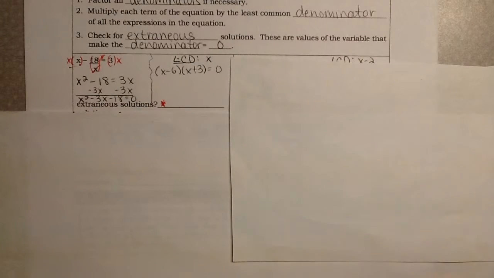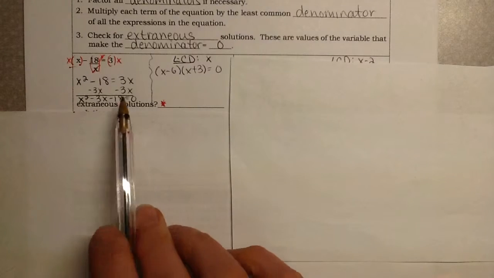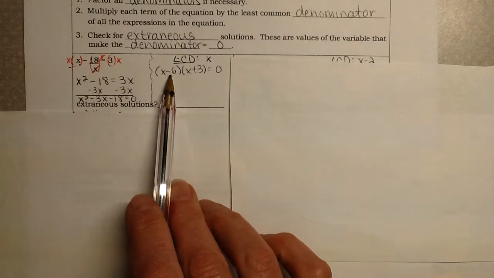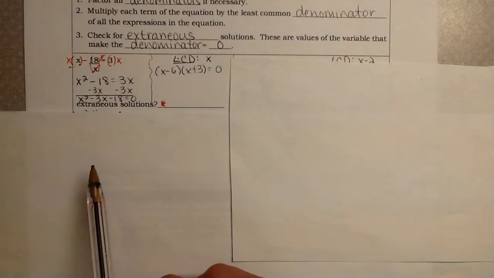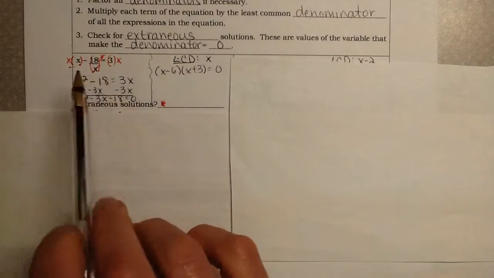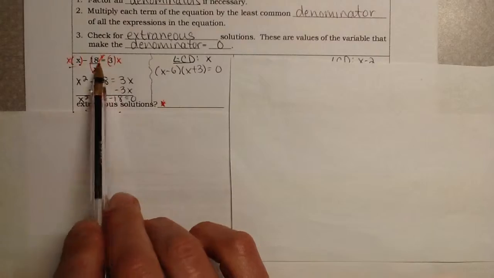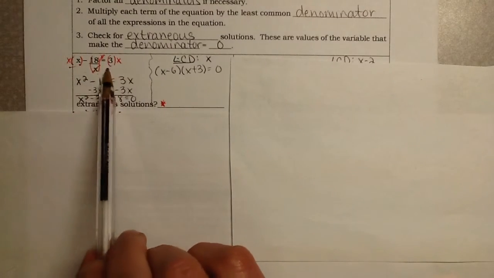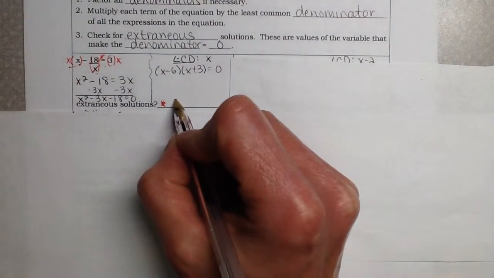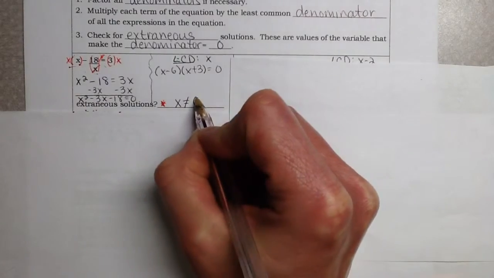Okay, before I can say what the solutions are, I need to first check and see if I have any extraneous solutions. We need to look at the denominator here, not the least common denominator. The denominator here is x. So we cannot have x equal to 0.